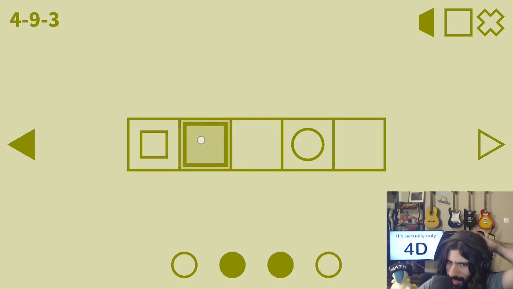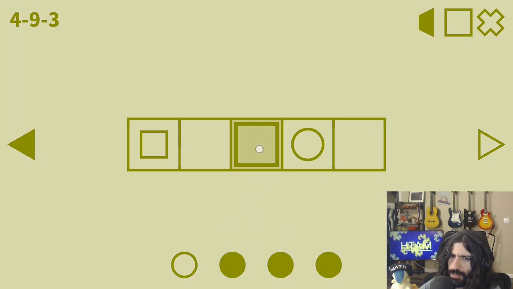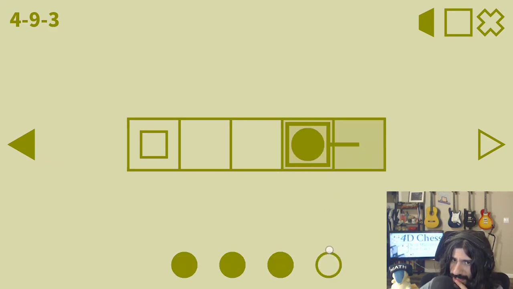So maybe we learned something here. The circle on its own fulfills the 3rd criterion. This square on its own fulfills the 3rd and 4th criterion. And so does this one. But this doesn't. So this fulfills the criterion. This does not fulfill the criterion.